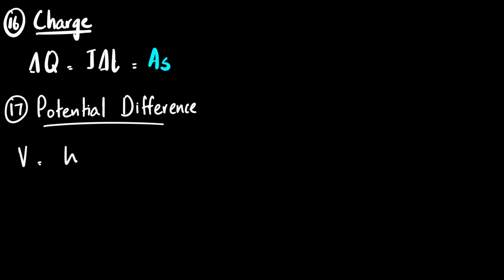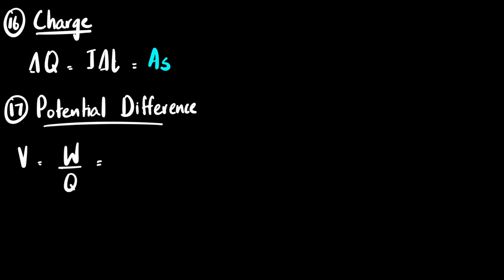Potential difference is defined as the work done per unit charge, right? And if you might remember, EMF is also defined pretty similarly. The difference is basically that for potential difference it's the work done by the unit charge, and for EMF it's the work done on the unit charge, but the formula is more or less the same, so the units are also going to be the same.